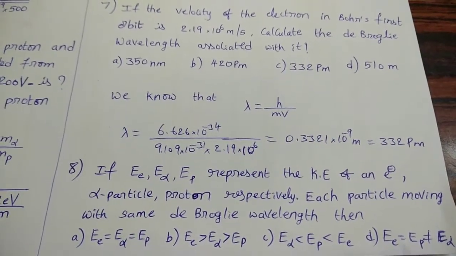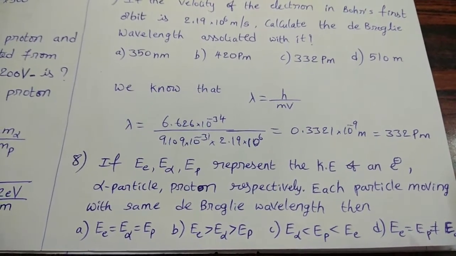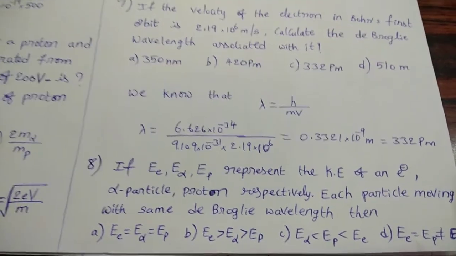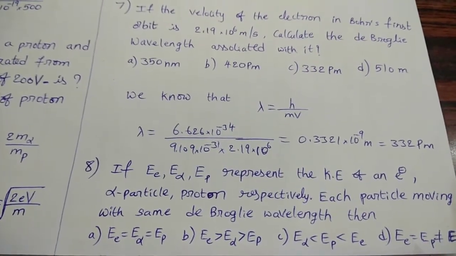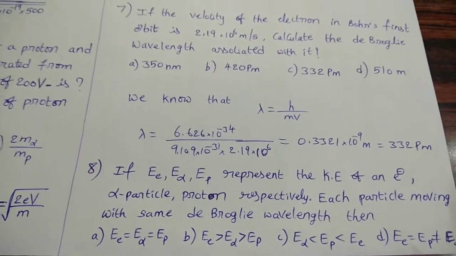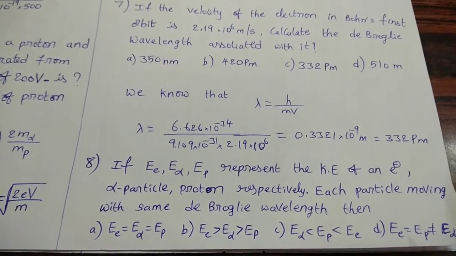Here the given particles are electron, alpha particle and proton. Electron mass is negligible, proton mass is considerable, alpha particle mass is more than electron and proton. So among these three types of particles, alpha is the heaviest particle, then proton, and the least one is electron.